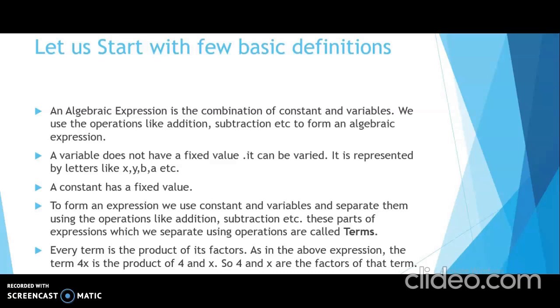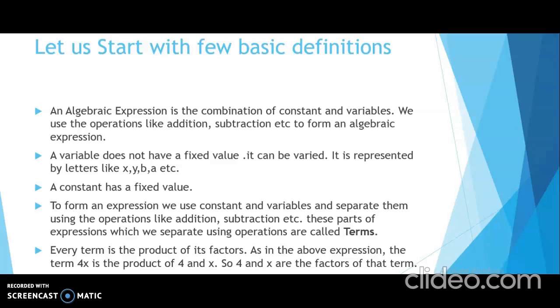To form an expression, we use constants and variables, right? Yeah. And separate them using the operations like addition, subtraction, etc. True. These parts of the expressions which we separate using operations are called terms. So now I have given the expression 4xy plus 3ab.